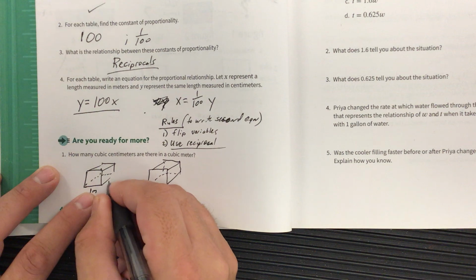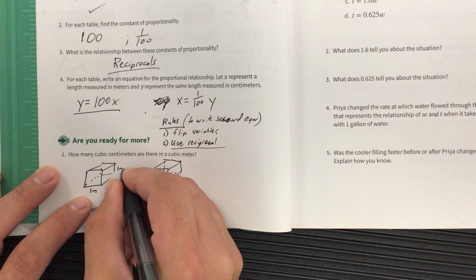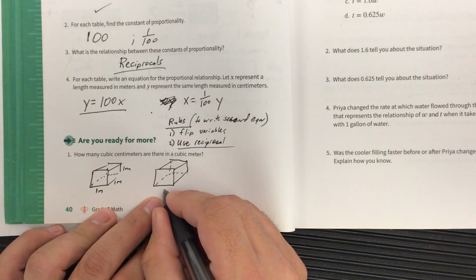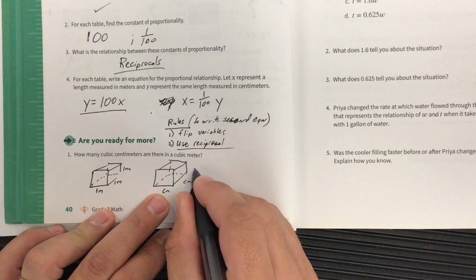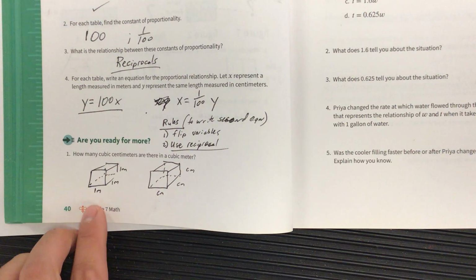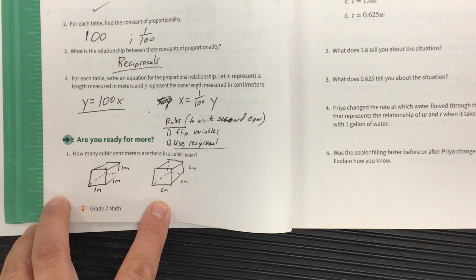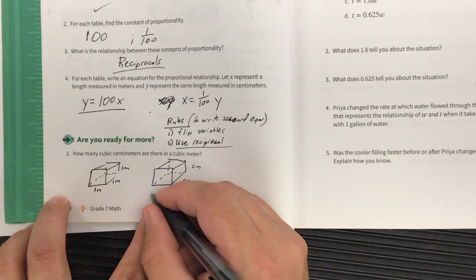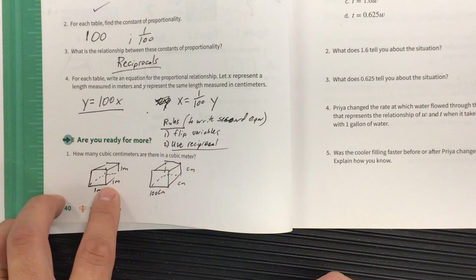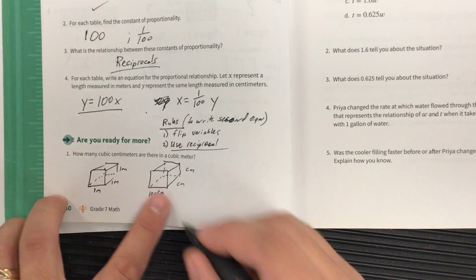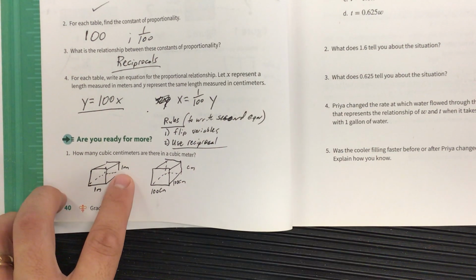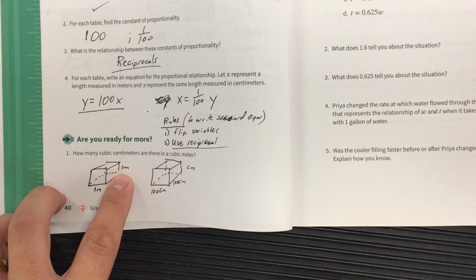So 1 meter, 1 meter, 1 meter. And I'm going to make it into centimeters. Well, how many centimeters would equal 1 meter on the bottom? 100. How many centimeters would equal 1 meter on the side? 100. How many centimeters would equal 1 meter high? 100.